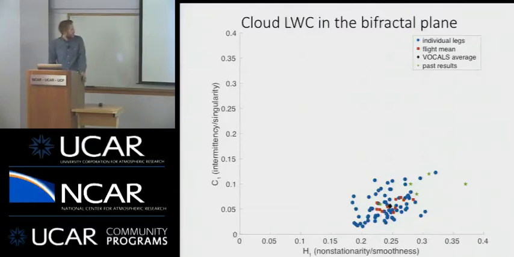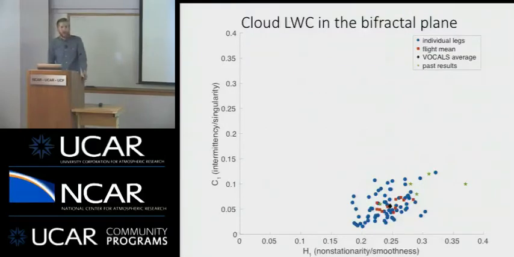And what we can see is that with respect to these green stars, which are results from past studies, the individual legs span a wide range of values. I mean, they all kind of are consistent with what other people have found, but they're pretty variable.